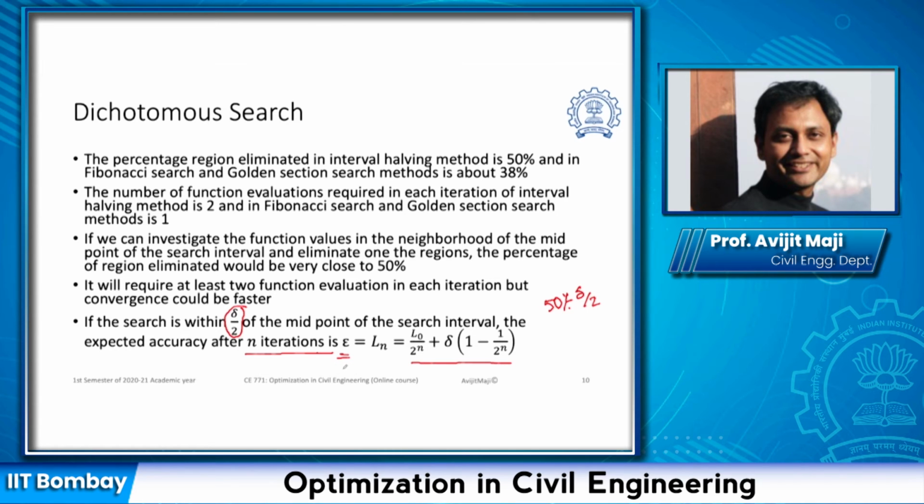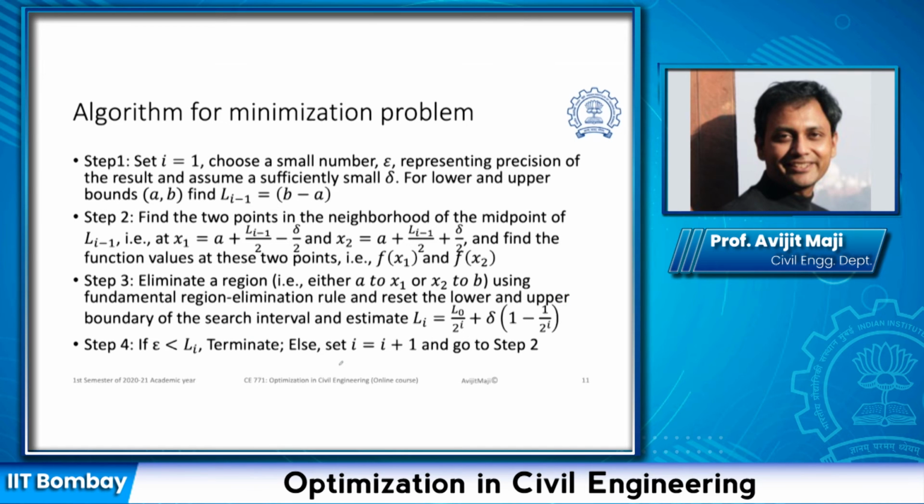Now let us look into the dichotomous search algorithm for the minimization problem. In this algorithm, first we set the counter or iteration I equal to 1. Then we choose a very small number epsilon to represent the precision of the result we want.